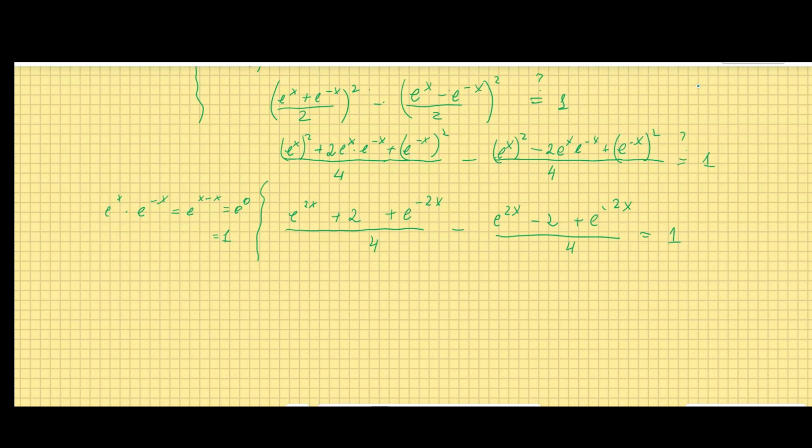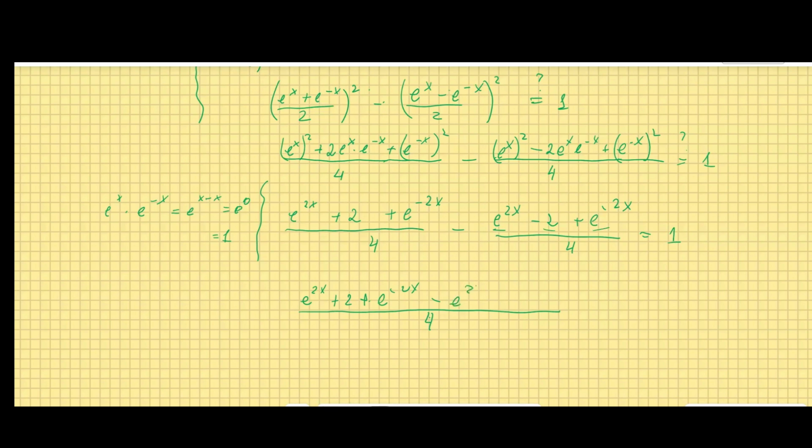So now, guys, because I do have the same denominator everywhere, I'm going to unify it into one fraction over 4. And I have e^(2x) plus 2 plus e^(-2x) minus. This minus is going to be distributed to every term in this fraction.